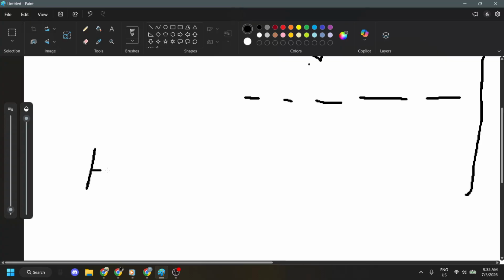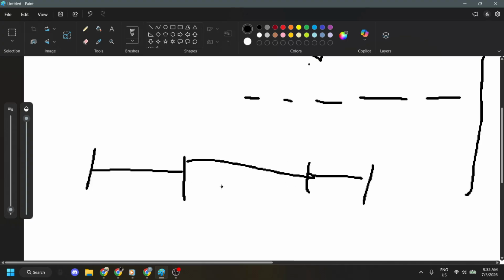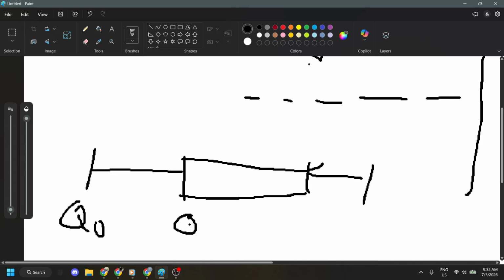We have a range of data, we can represent it like this. This is Q0, this is Q1, this is Q2, this is Q3, I think. Or maybe this is Q2, this is Q3, and this is Q4.